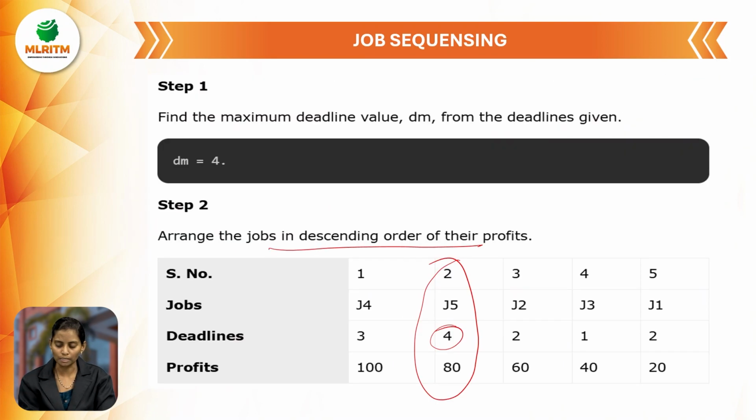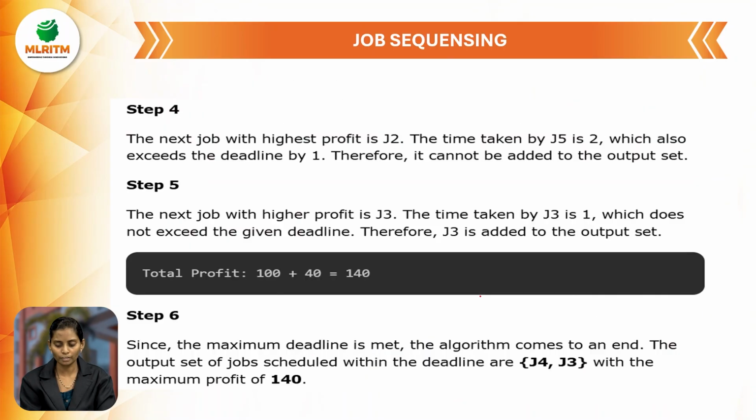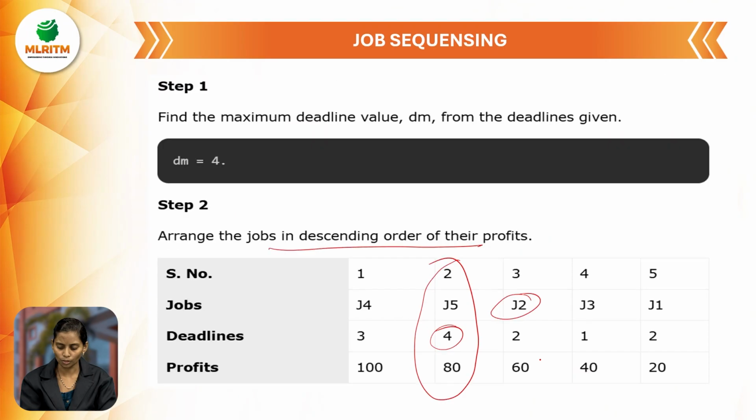That is the reason we are going to partition each job. So based on that, first we choose J2. Then after choosing J2, we have one more day left, so we can include another job. So next we choose J3 as per our deadline. So J4, J3 we are choosing here.